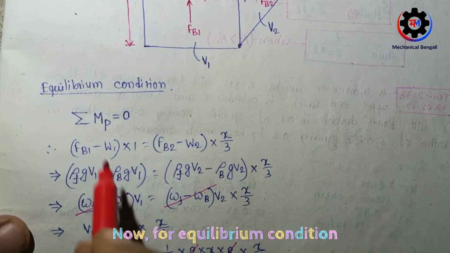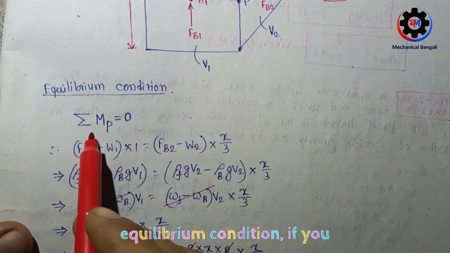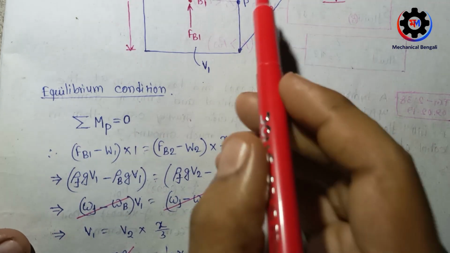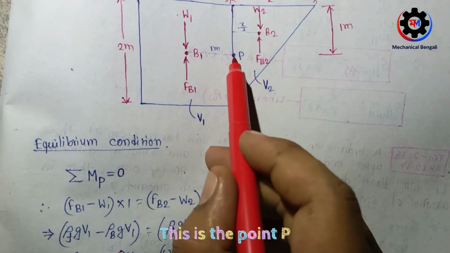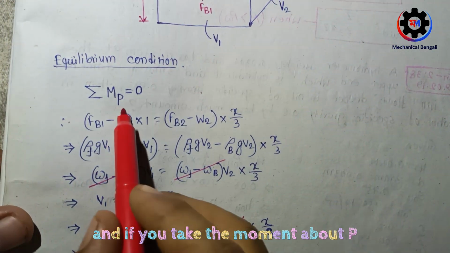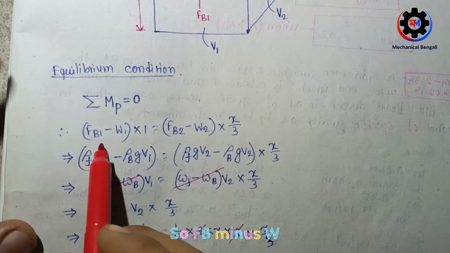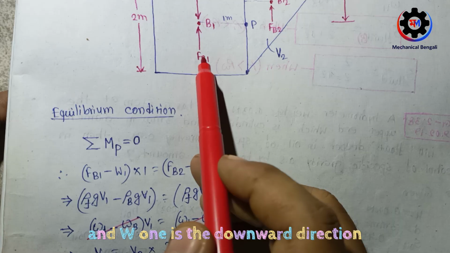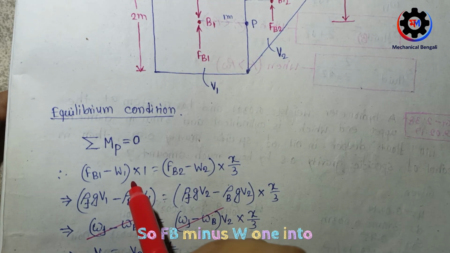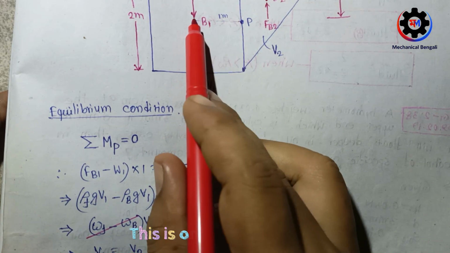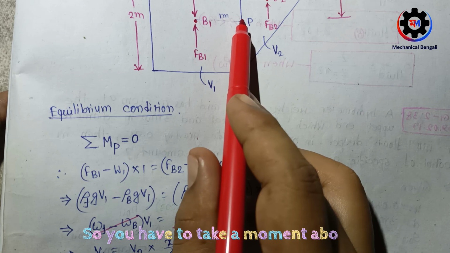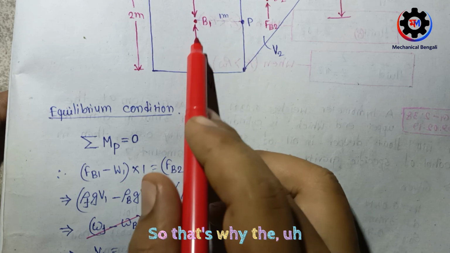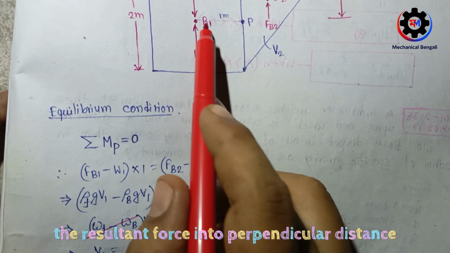Now for equilibrium condition, if you take the moment about P, this is the point P, and if you take the moment about P equal to 0, so (FB1 minus W1) into, what is this distance? This is 1 meter, because you have to take the moment about P, that is the resultant force into the perpendicular distance.